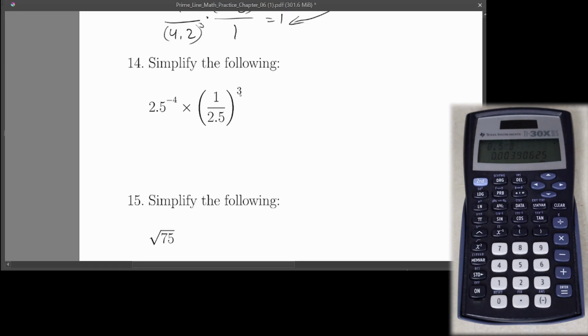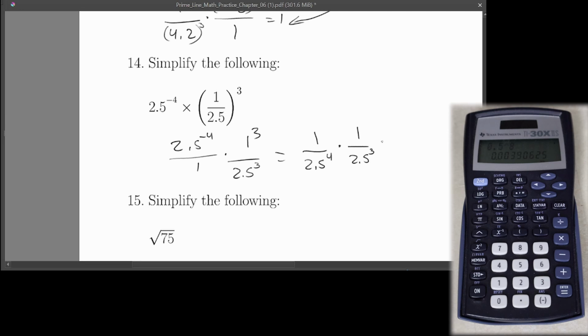Number 14, we can apply this cubed power into both of these, so we could write it as 2.5 to the negative 4 over 1 times 1 cubed over 2.5 to the third power. We could reevaluate this as 1 over 2.5 to the fourth power times 1 cubed is just 1 over 2.5 to the third power.